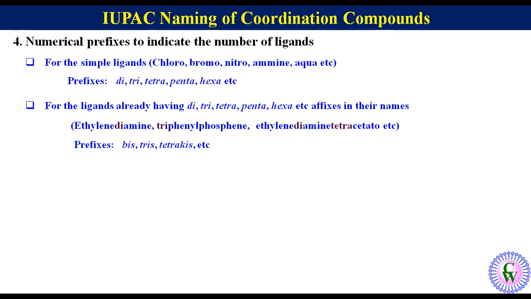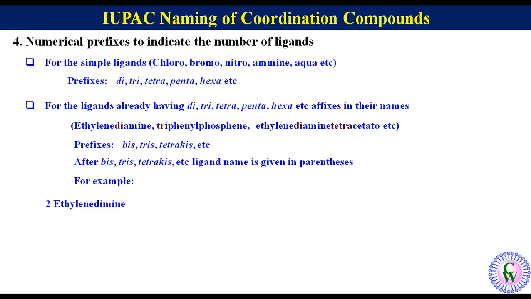One thing we should remember is that after bis, tris, tetrakis, etc., the ligand name is given in parentheses. For example, two ethylenediamine ligands will be written as bis(ethylenediamine), where ethylenediamine is in parentheses.